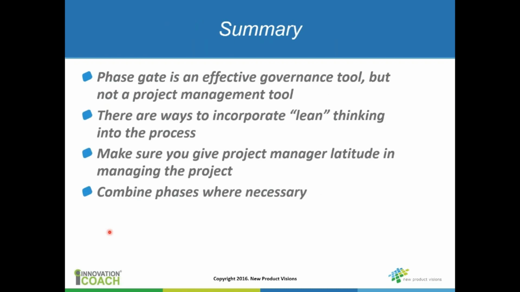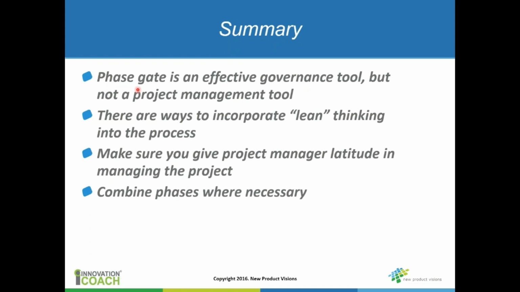So in summary, what I described is a 6-phase process. It's certainly adaptable to your organization. But PhaseGate is a very effective governance tool, but you need to guard against the fact that it's not a project management tool. It's a framework that you're going to run all the projects, and the high-level deliverables are very important, and the structure in terms of developing the project plan and the design reviews and all that kind of stuff is very important.